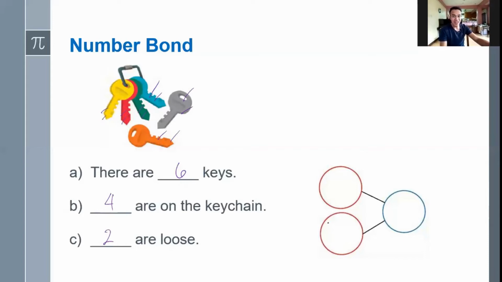If your answer is 6, congratulations, you are correct. So we write 6 in a whole. The other 2 numbers, 4 and 2, are the parts. We can write 4 here and 2 on the other part. 4 and 2 make 6. Okay?